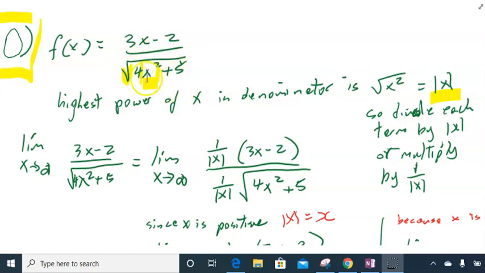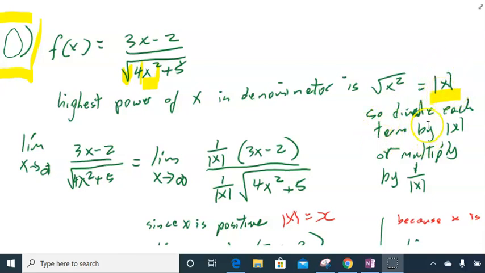Notice here our highest degree of x in the denominator is x squared, but because it has a square root sign, we're thinking about the square root of x squared. Now, the square root of x squared is equal to the absolute value of x.